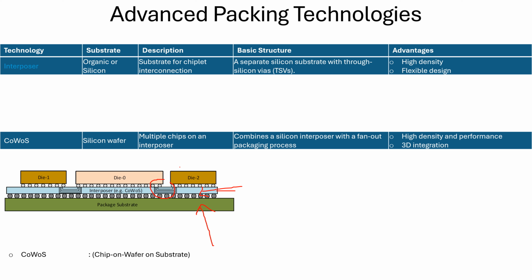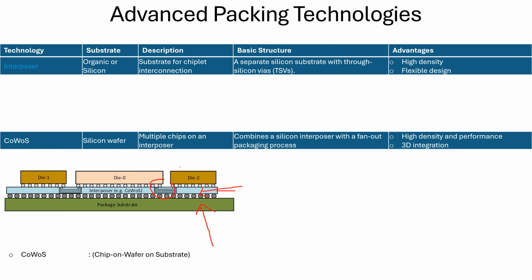This technology combines a silicon interposer with a fan-out packaging process. What is fan-out? Fan-out packaging typically refers to a process where the chip's I/O pads are redistributed onto a larger area through RDLs, redistribution layers, often using a fan-out shape.